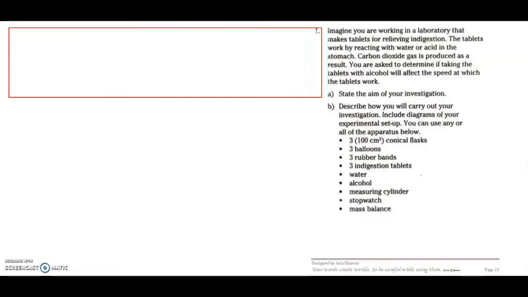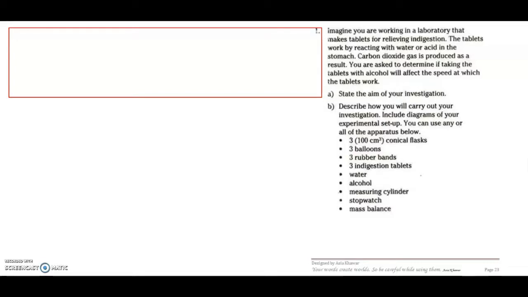So what is the aim of your investigation? As it is already written here, it is to investigate if taking a tablet for relieving indigestion with alcohol would affect the speed at which the tablet works.